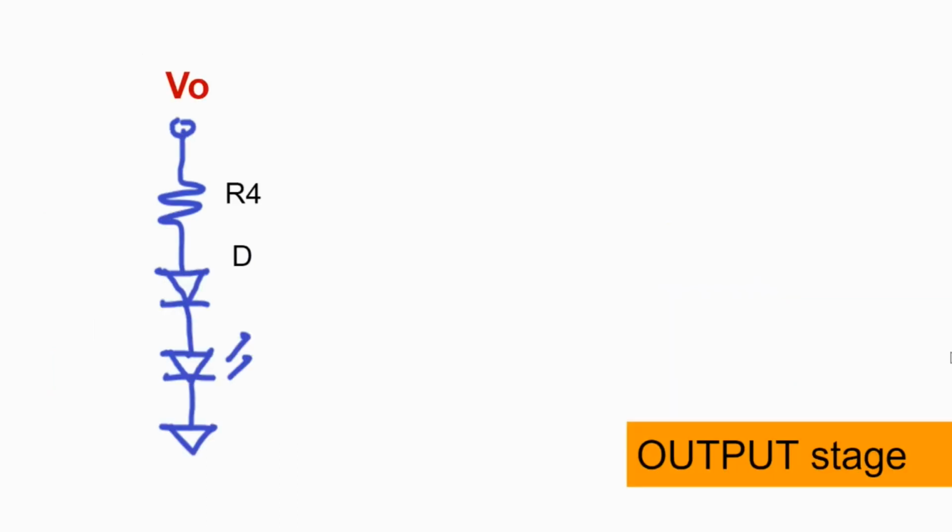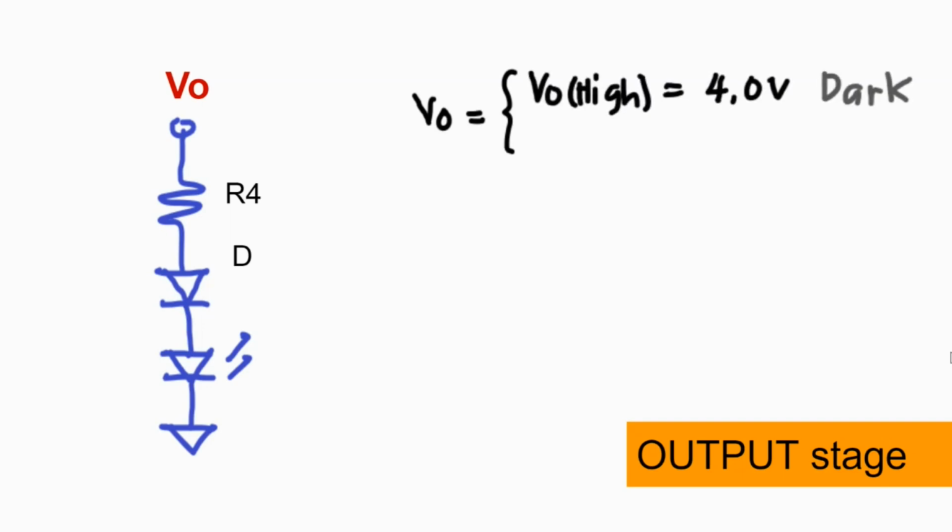Now consider the output. The LED turns on when it is dark, that is, when V positive is more than V negative, and Vout equals 4 volts. When the environment is bright, Vo is around negative 4 volts, which can destroy the LED that is in reverse bias.